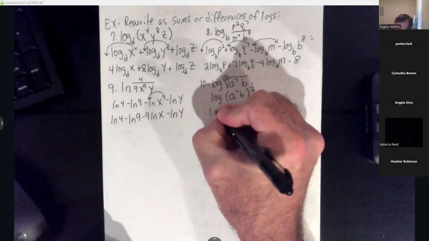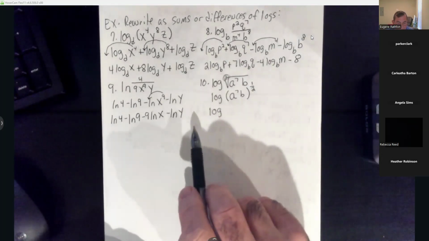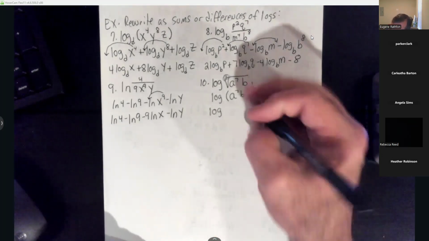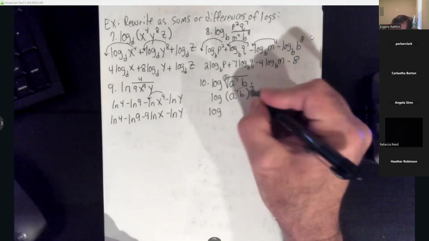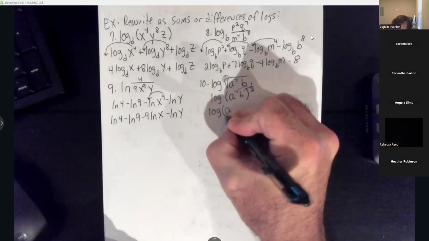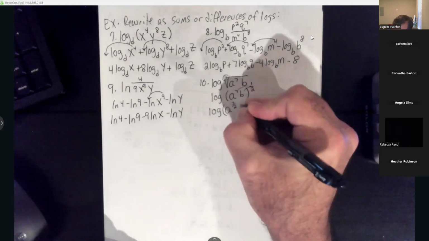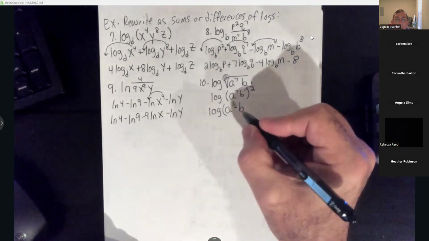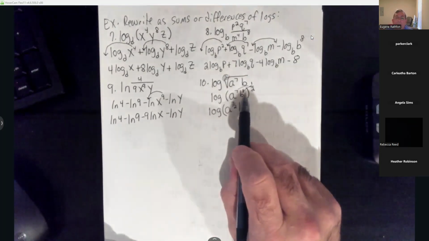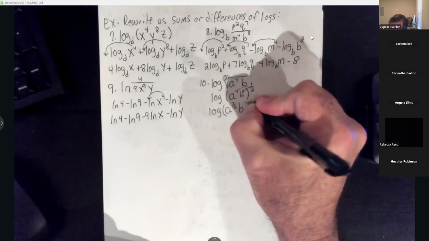All right, now your next step is to multiply the exponents in here by that 1/2. So for the A, 7 times 1/2 gives you 7/2. And for the B, remember the B has a 1 by it since it doesn't show an exponent. That's automatically a 1. And 1 times 1/2 is 1/2.